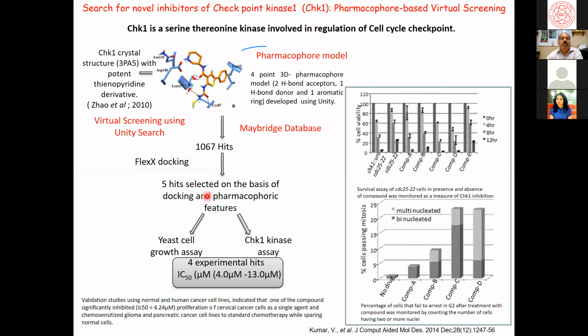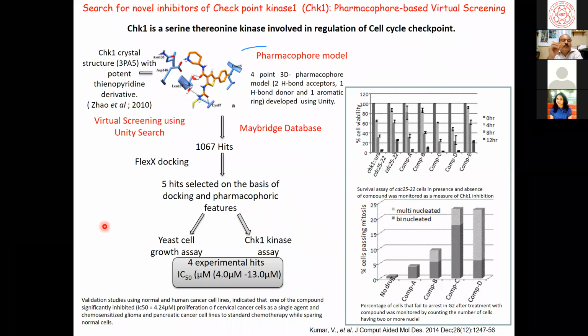Finally, after all the filtering and analysis, he took 5 hits for the CHEK1 kinase assay and also at the same time a yeast cell growth assay. And 4 compounds were found to show a good IC50 value in the range of 4 to 13 micromolar. So the idea is not to directly hit the jackpot and say that after screening I have found a molecule that can simply go directly into clinical trial.